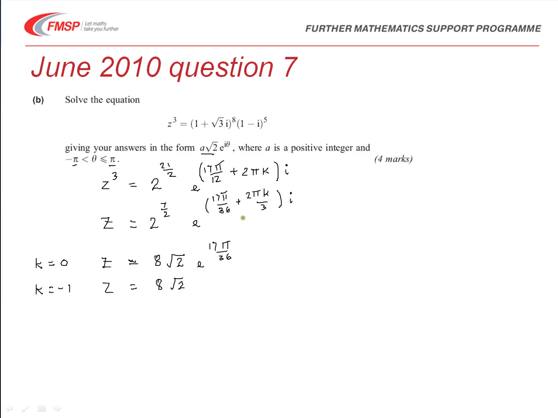So that would mean multiplying 2 over 3 by 12, top and bottom, which would give us 24 over 36. So 17 minus 24 gives us negative 7 pi over 36.